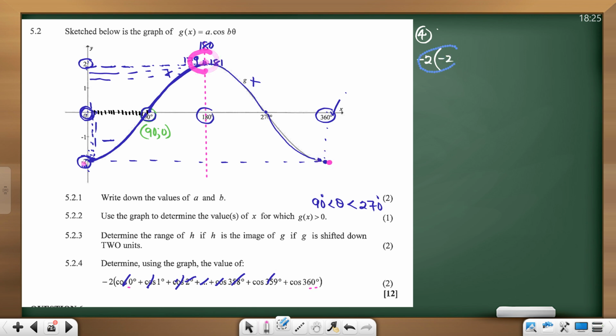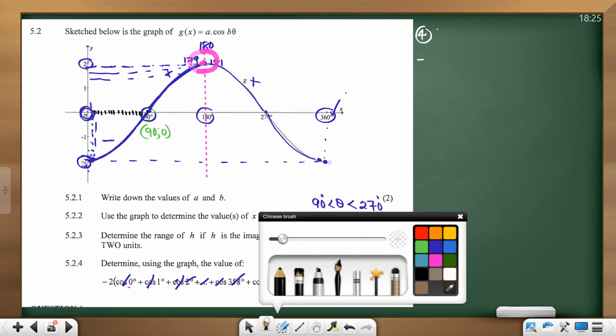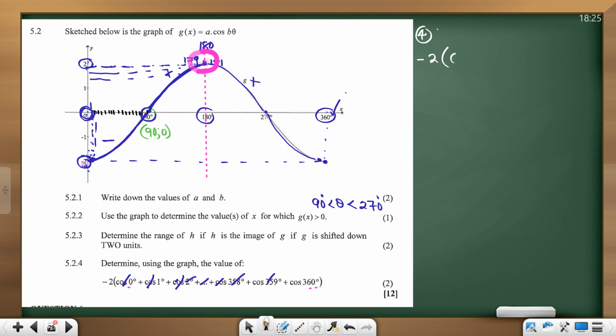This is a high order, but it's good. But -2 into bracket cos what? 360. On the graph, what is cos 360? You have to punch in cos 0 plus cos 1. You have to plug it in into 2 cos x.